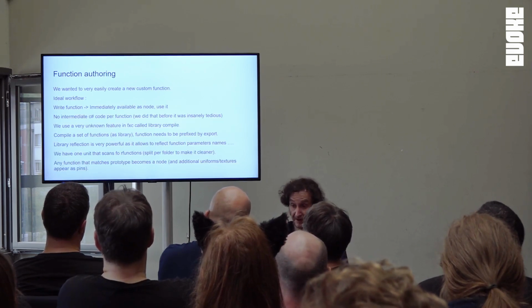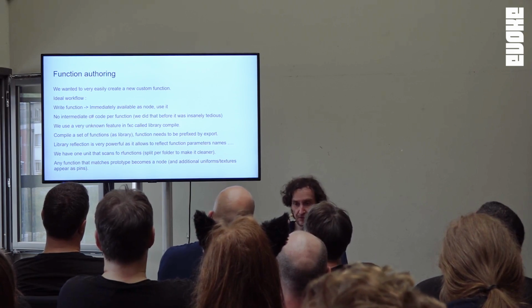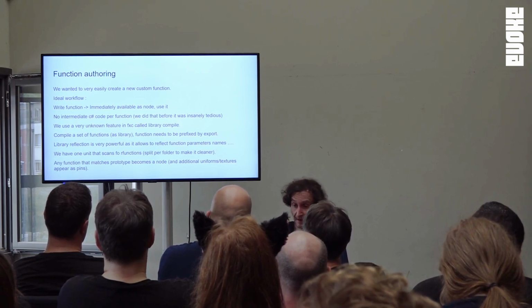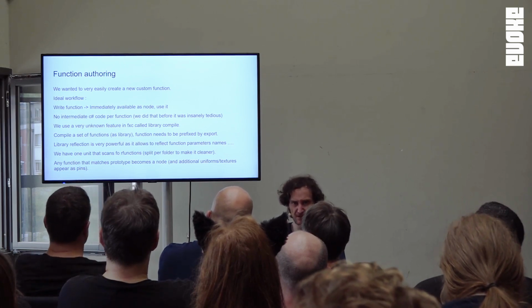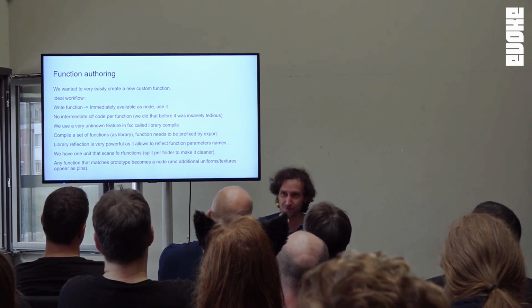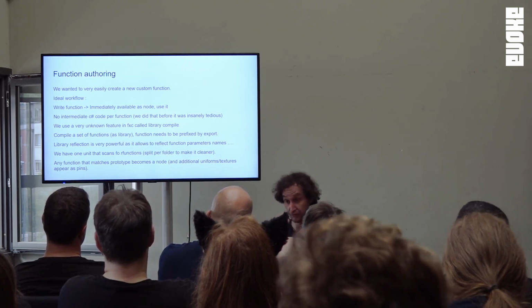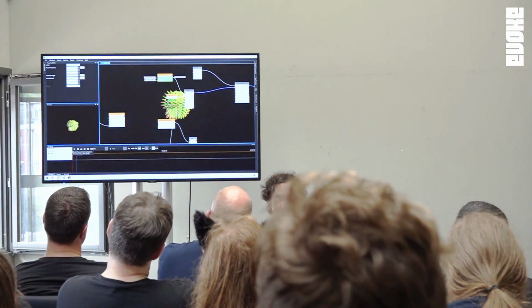Now, the thing is, we also want to very easily create custom functions. And the ideal workflow for us, which is something we kind of achieved, not exactly, but not so far, is this: I want to write a new function.